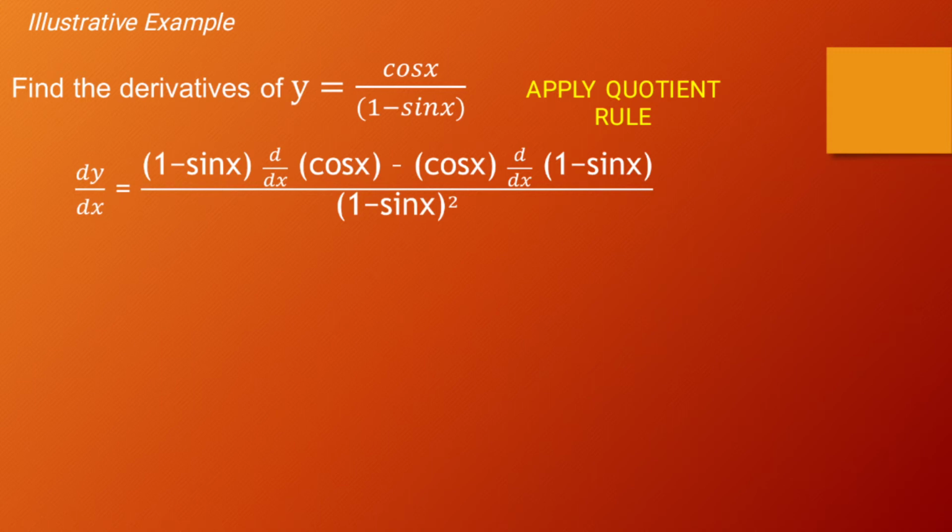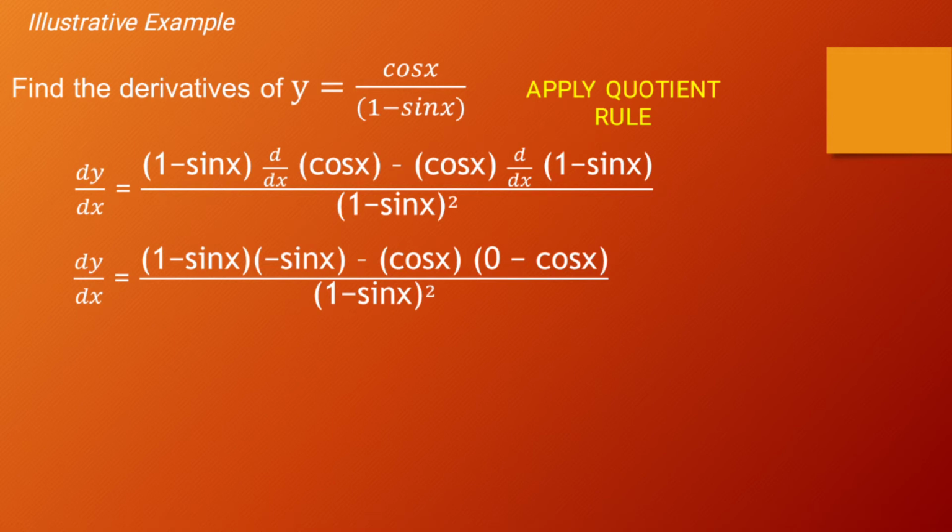So first, of course, is the low times the derivative of the high, which is cosine x, minus the high, cosine x, or the numerator, times the derivative of the denominator, 1 minus sine x, all over the square of the denominator, which is the quantity 1 minus sine x.